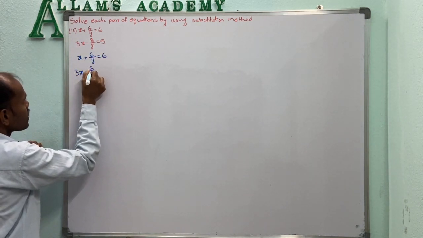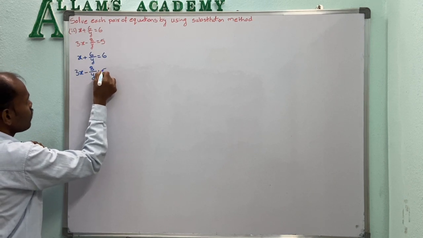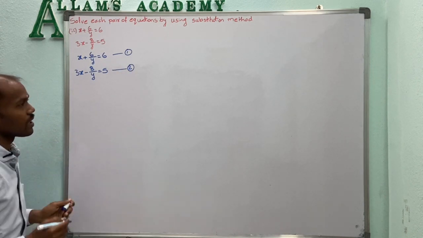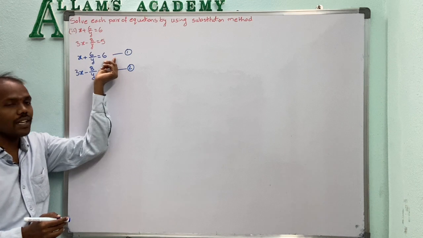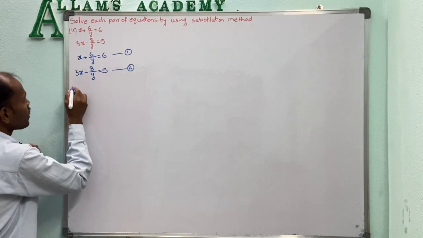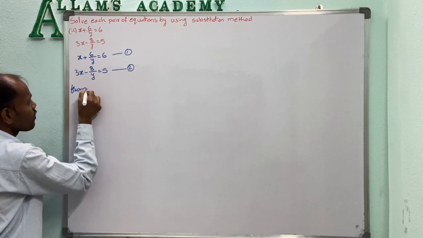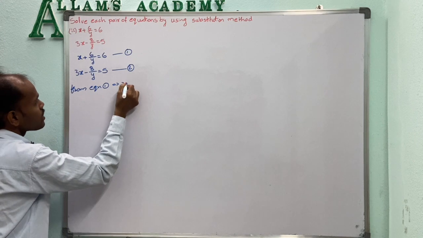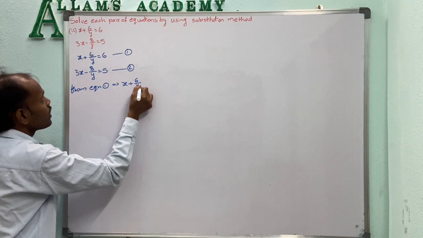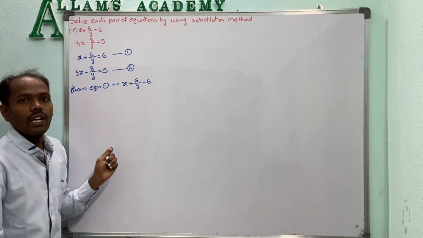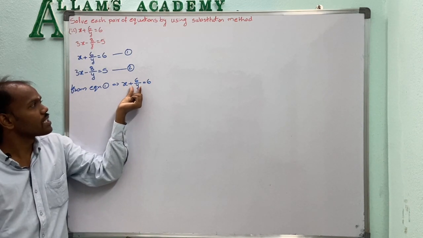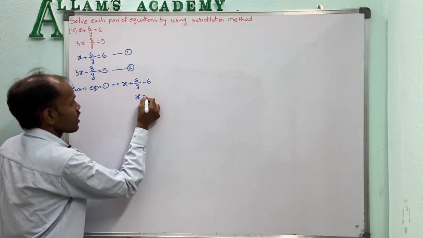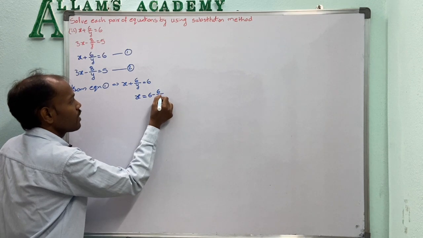Simply transferring 6 by y to that side, we can write x equal to 6 minus 6 by y.